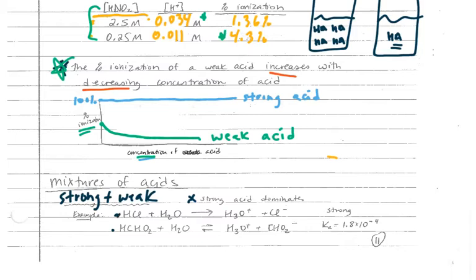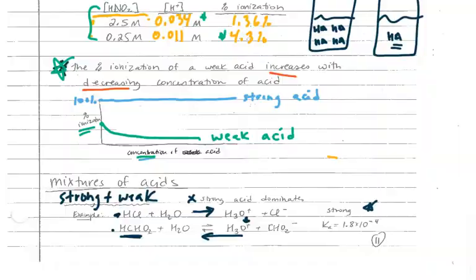So when this HCl dissociates completely in water and forms hydronium ions, these hydronium ions are actually going to add product to this equilibrium and push it in the reverse direction. So it's pretty much going to inhibit this weak acid from dissociating at all. It already dissociates very little.